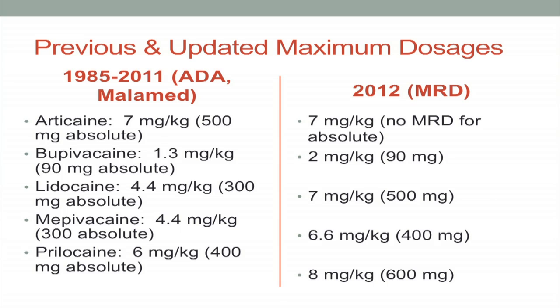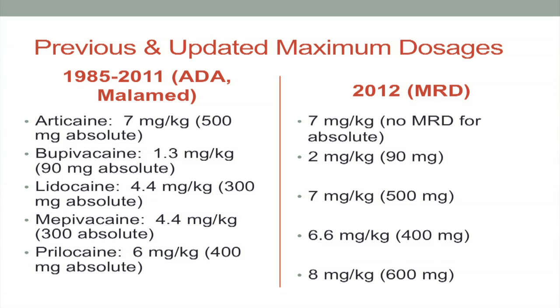Bupivacaine has gone from 1.3 milligrams per kilogram to 2 milligrams per kilogram. Lidocaine has been substantially increased from 4.4 milligrams per kilogram to 7 milligrams per kilogram. And mepivacaine has also been increased from 4.4 milligrams per kilogram to 6.6 milligrams per kilogram, albeit with a lower absolute maximum recommendation of 400 milligrams than lidocaine.